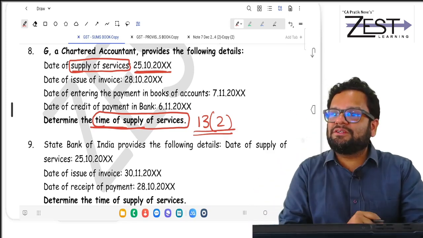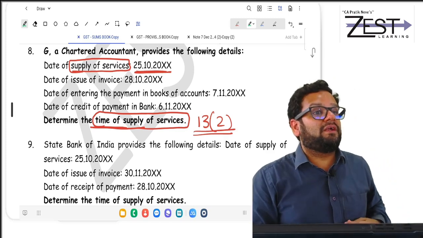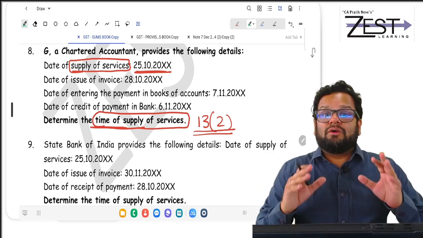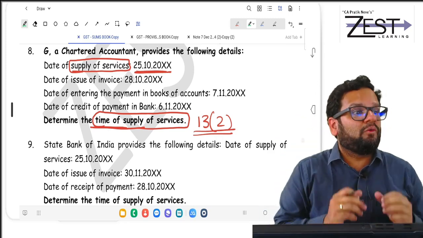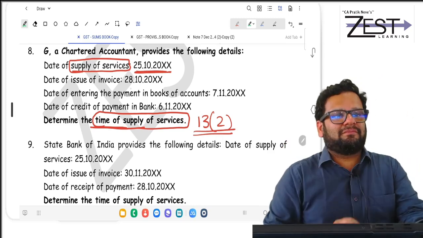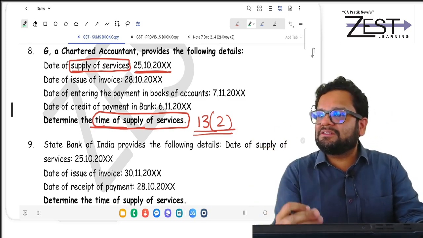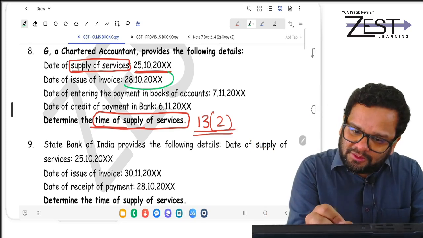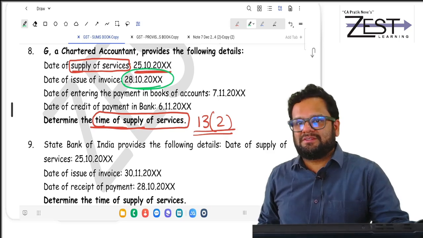When did he make invoice? Friends, please participate. When did he make invoice? 28 October. Is it within time? Of course, yes. It is made within 30 days. So this date becomes important: date of issue of invoice.